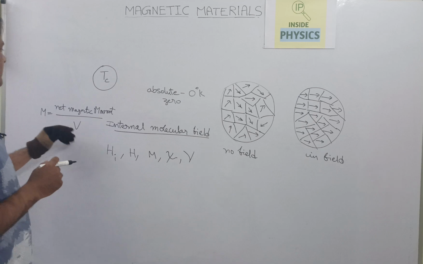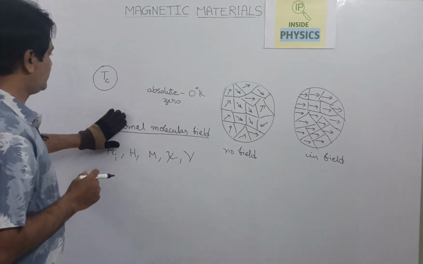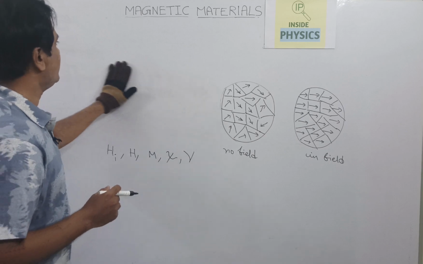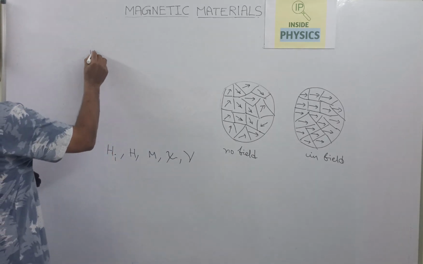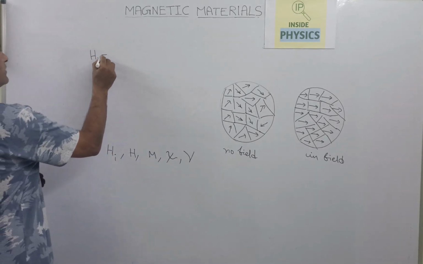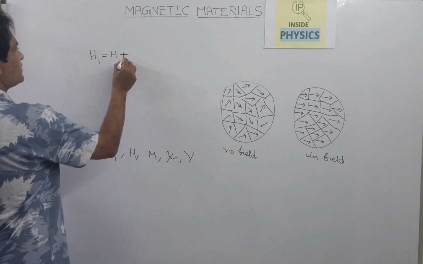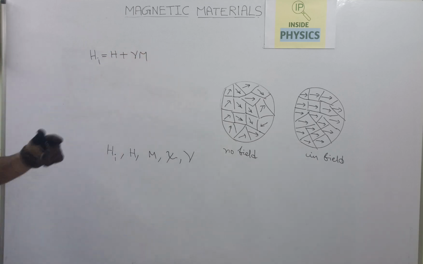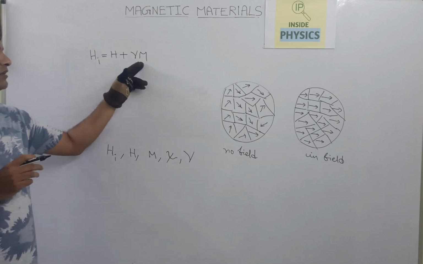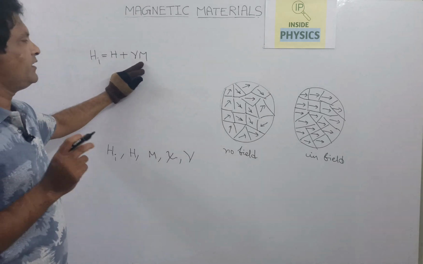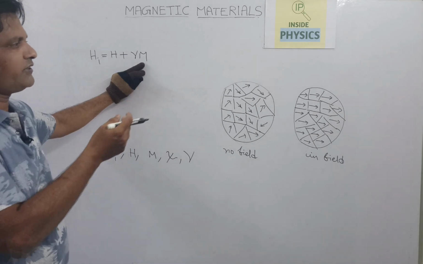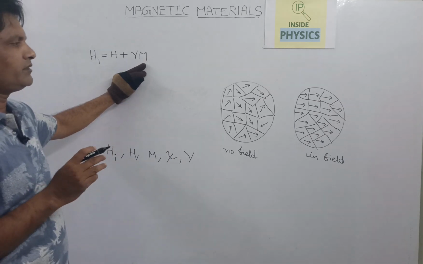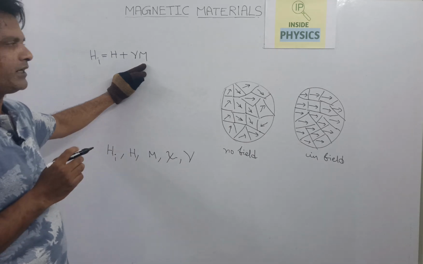So we will establish a relation between these values, so that the internal field Hi can be written as H plus gamma M, where H is the external field. This gamma M is the tendency of the atmosphere inside the ferromagnetic material, which tends to align the domains in the direction of the magnetic field.